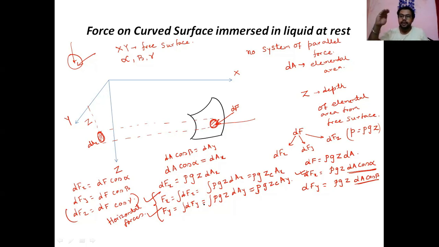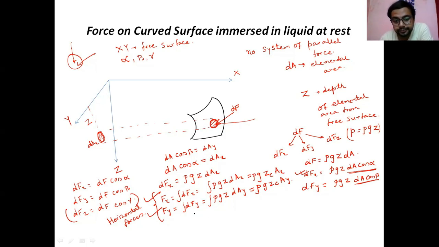If you project any curved surface over a plane, you will get the horizontal force. If you project the same curved surface on this other plane, you will get another horizontal force, Fx and Fy. But the most important calculation comes in the Fz.